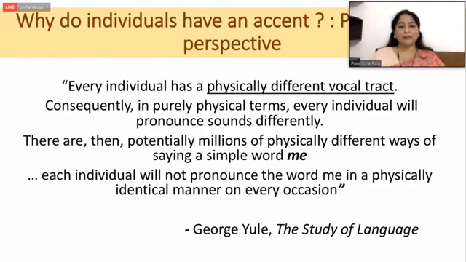Consequently, in purely physical terms, every individual will pronounce the sounds differently. There are then potentially millions of physically different ways of saying the simple word me. Each will not pronounce the word me in a physically identical manner on every occasion.